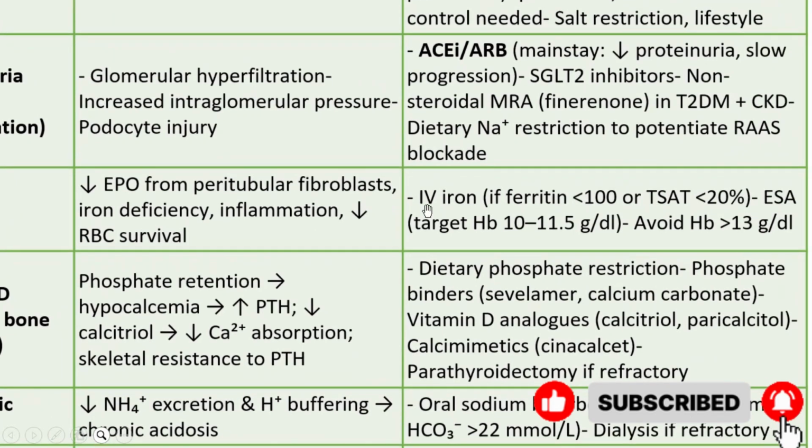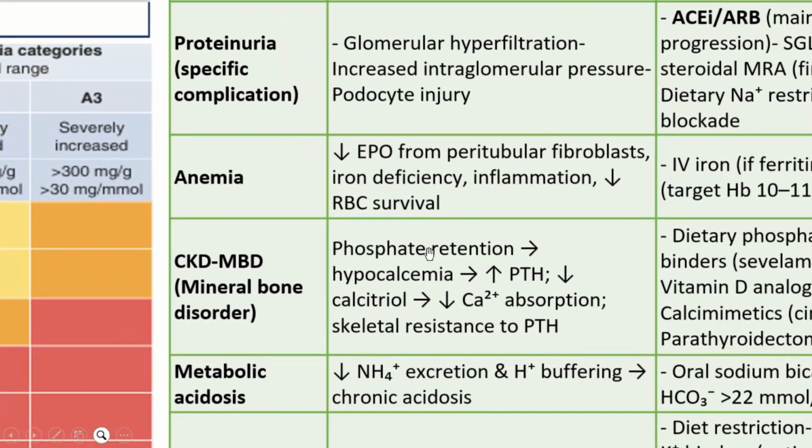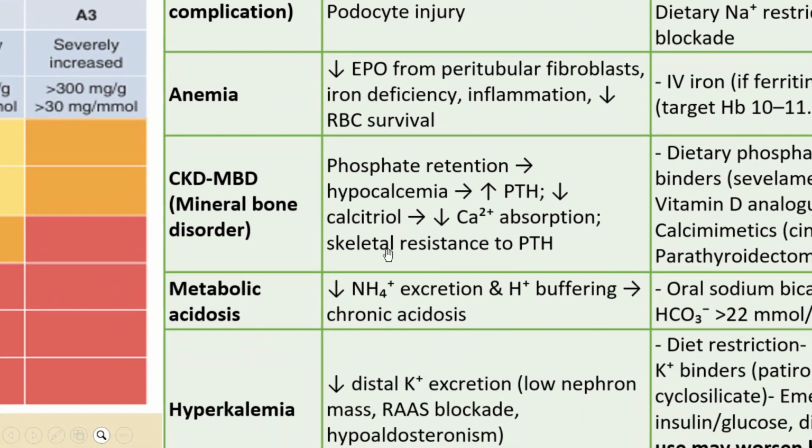For example, if we are having an iron deficiency, you need to first correct that. So we want to make sure that we correct the iron until the ferritin stores are high enough, and then we can consider giving erythropoietin. And we want to target an HB of around 10 to 11.5, and we never want to go above an HB of 13 grams per deciliter.